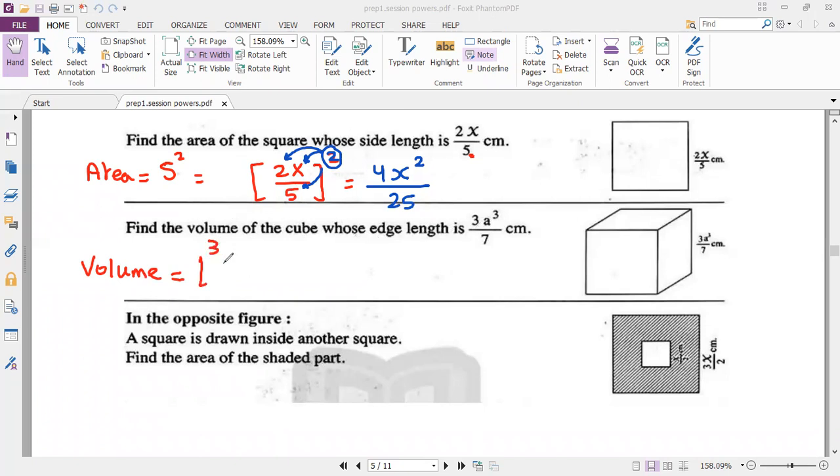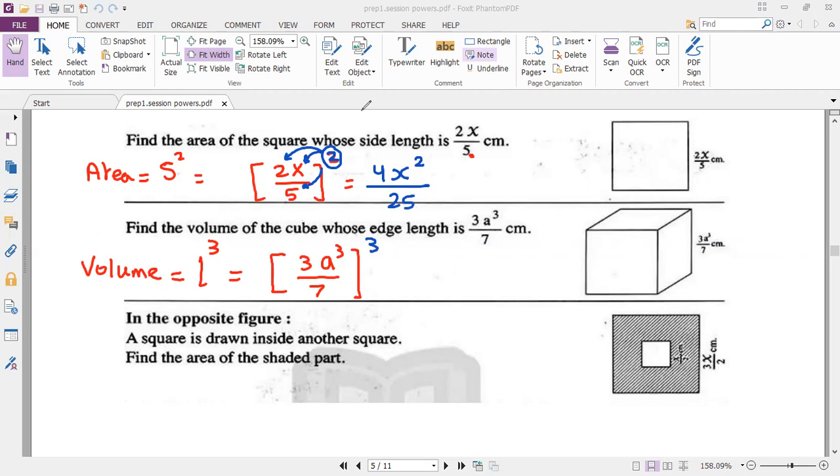So we can write it as L, where L stands for the edge length, raised to the power of 3. The edge length is 3a to the power of 3 over 7, multiplied by itself 3 times. And instead of multiplying by itself 3 times, we can raise it to the power of 3.